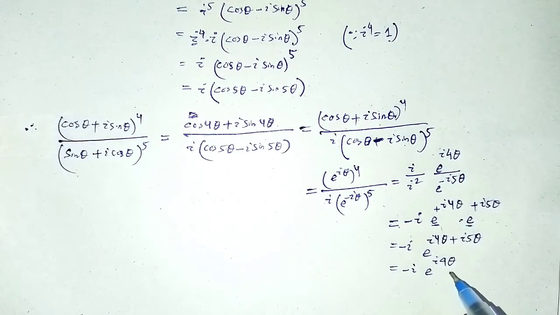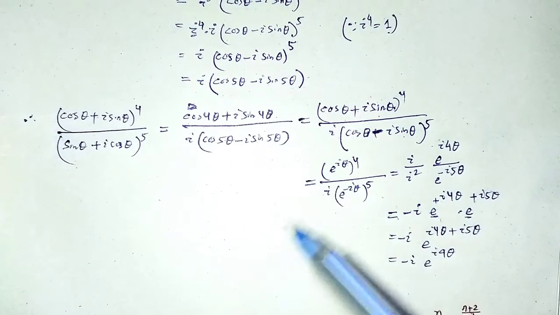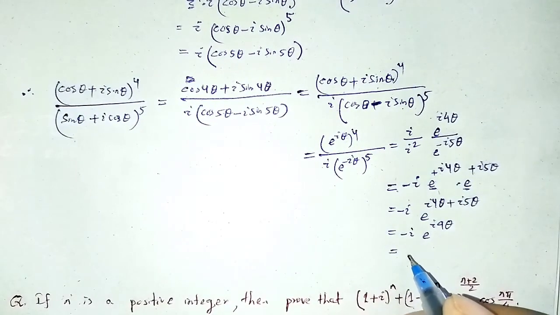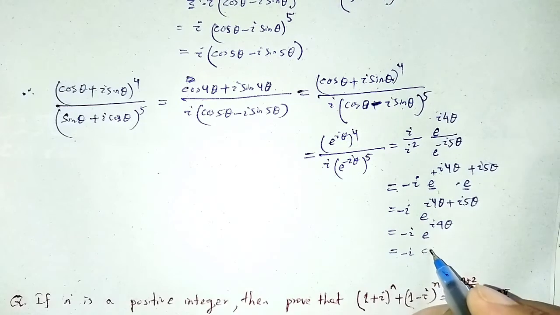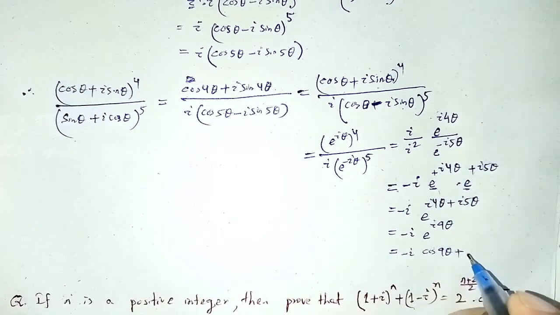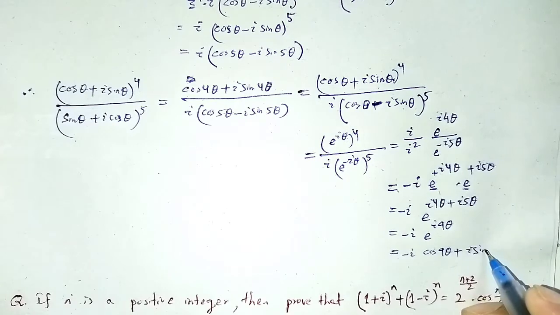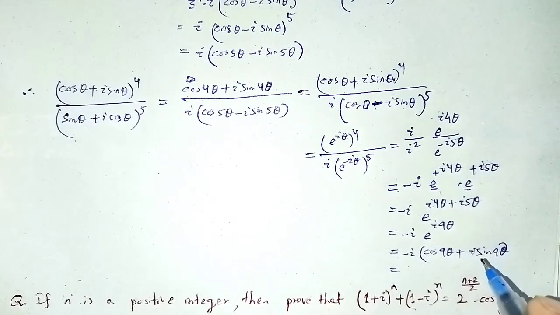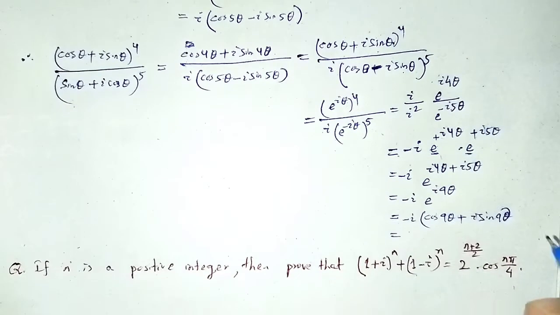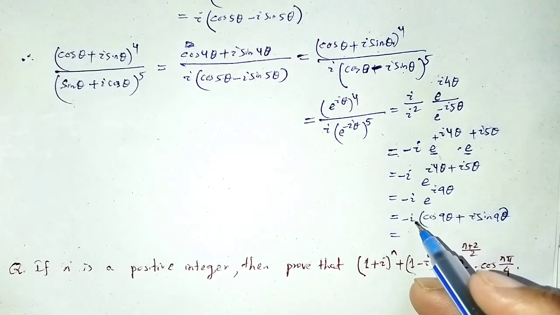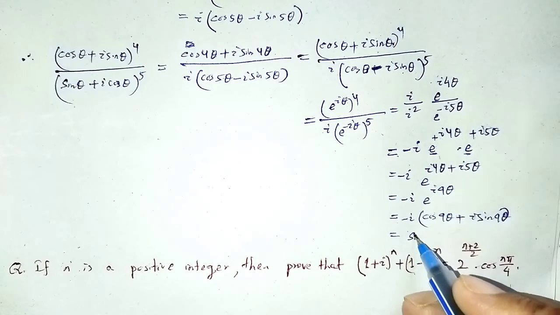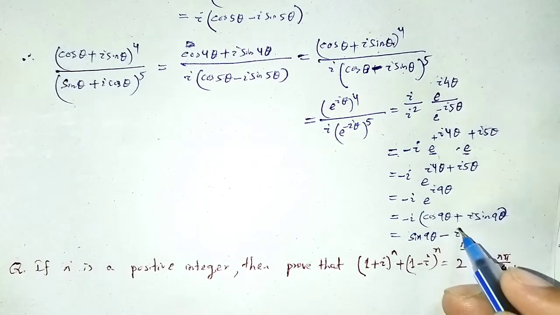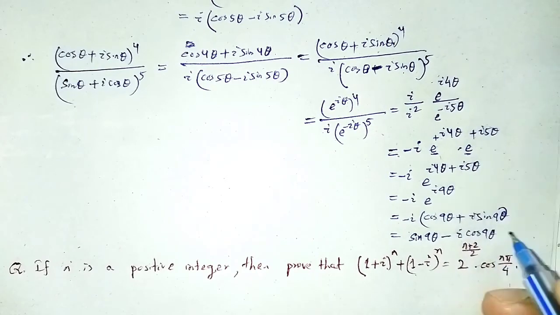Now that exponential term can be written in terms of cos theta and sin theta: minus i (cos 9 theta plus i sin 9 theta). Now i is multiplied to the bracket term, it will be minus i square plus 1. So sin 9 theta minus i cos 9 theta.